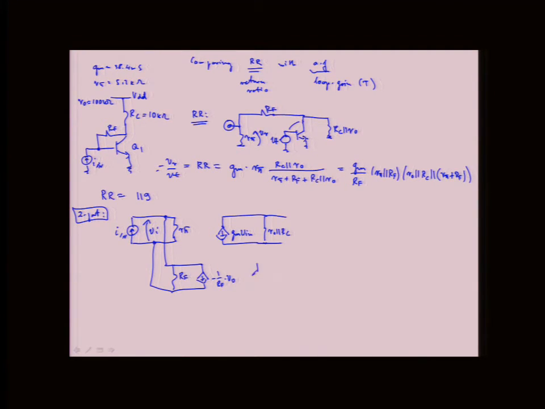And then over here on the other side, we also had minus 1 over RF times VI and RF. And that now feeds back into this. And this is VO.